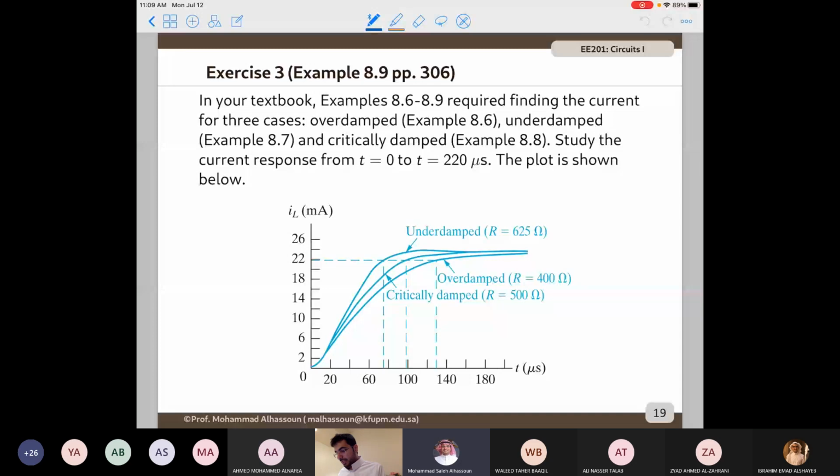So if you plot the current versus time, remember that in all of these cases, because it's exactly the same circuit, the only difference is the value of the resistor, and that value of the resistor does not change the final value of the current.